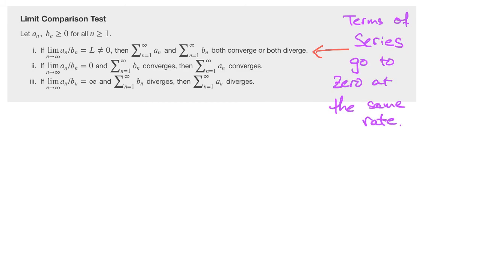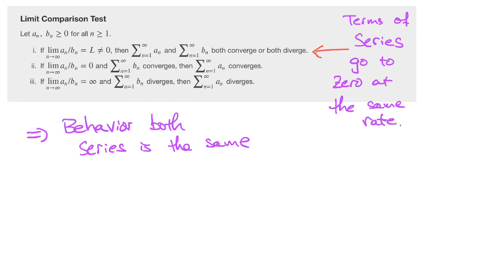Since they go to 0 at the same rate, the limit comparison test tells us that the behavior for both series is the same.